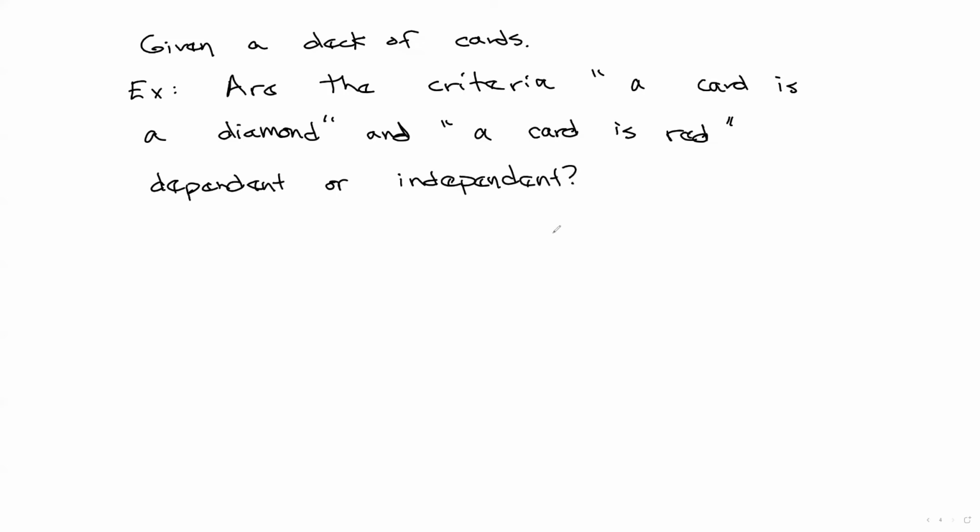Now notice there's no mention of drawing cards here. So we're not drawing cards. This is an actual criteria problem. This is like the marriage, college education thing. We're just using cards for it, which again, I apologize, that makes it a little bit confusing.